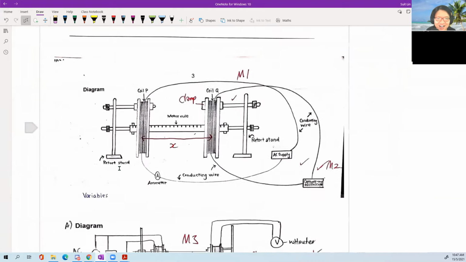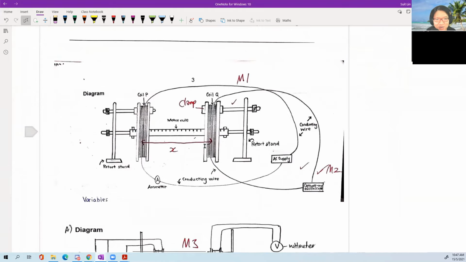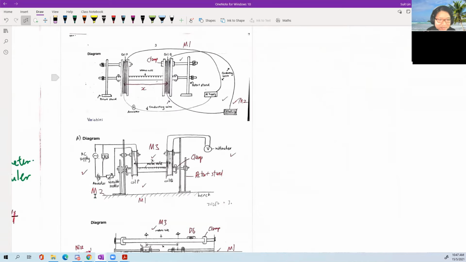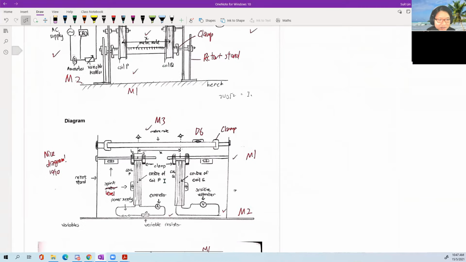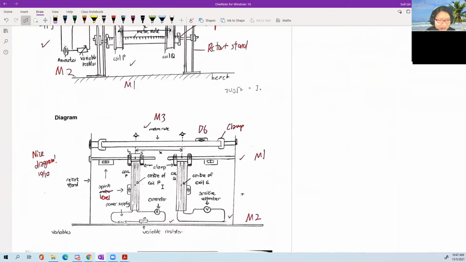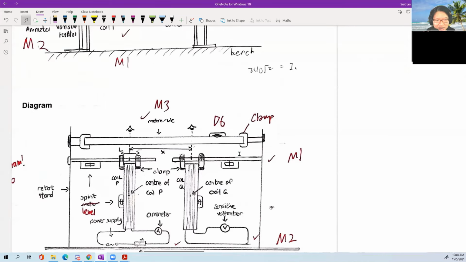Okay, yeah, this one is an okay support, but I don't know why they have to draw the circuit this way, but sure. Okay, this is okay. This is okay. It's very similar to the previous one. And they even draw the eye level, which is great. And they indicated how to measure the distance X and this distance L.